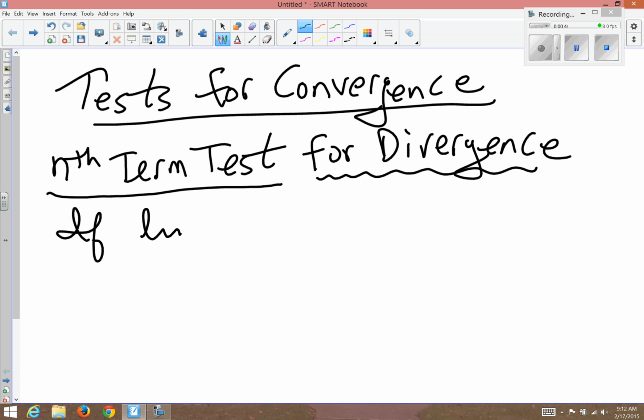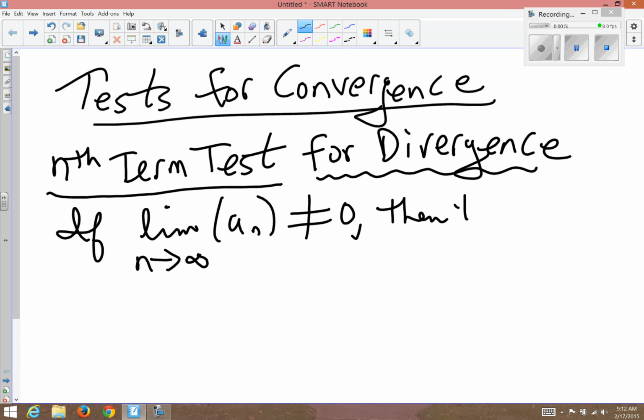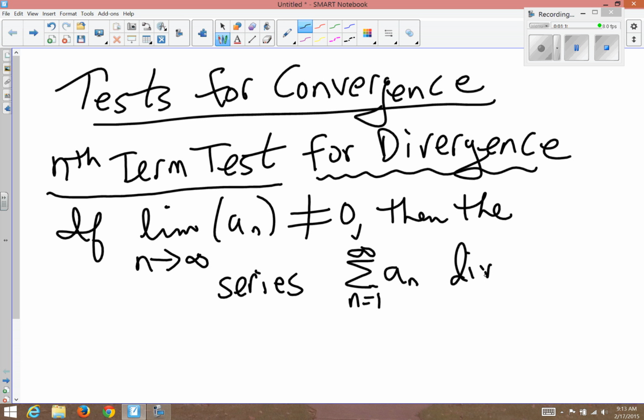If the limit of the nth term as n approaches infinity is not equal to 0, then the series sigma a sub n, n starting at 1, or actually any positive integer, to infinity, diverges.